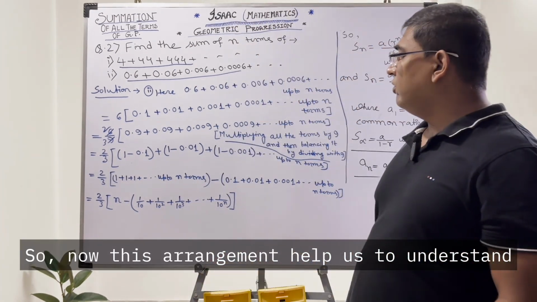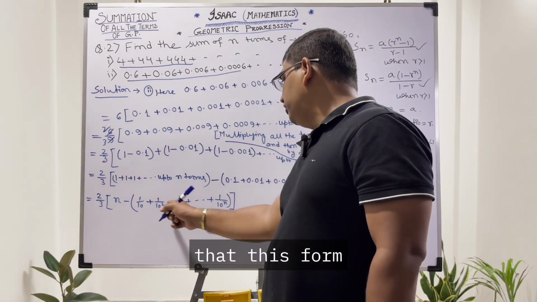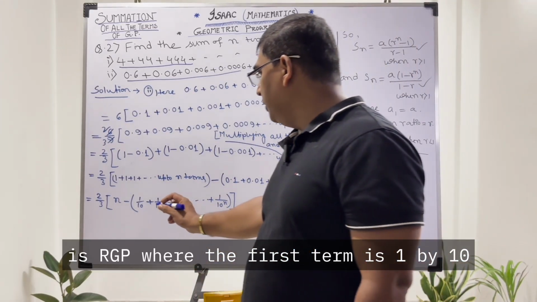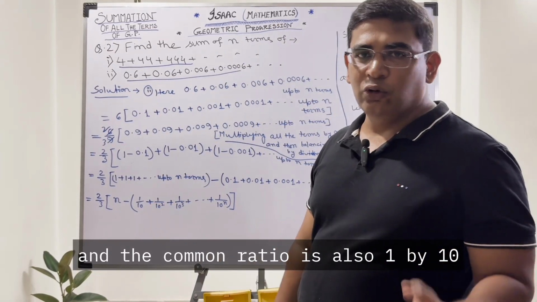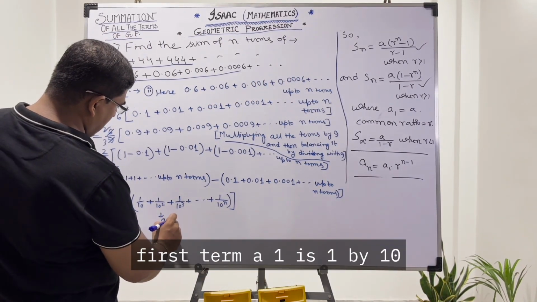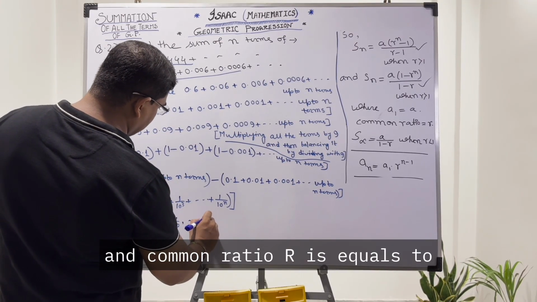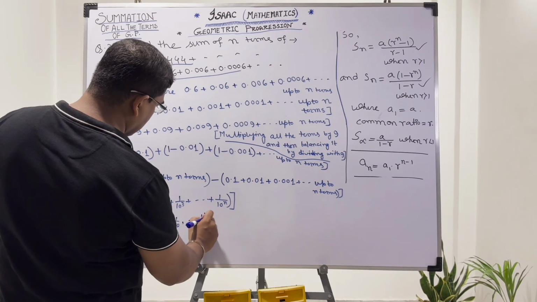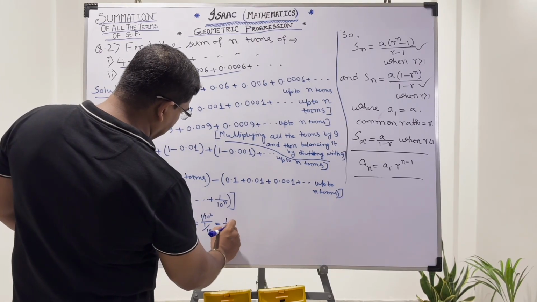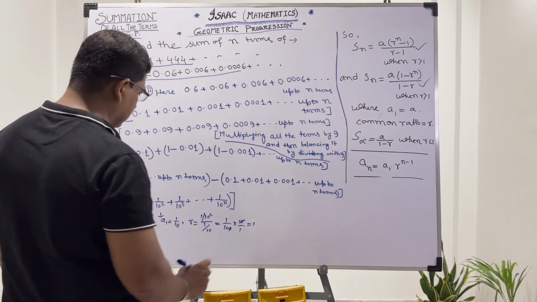So now this arrangement helps us to understand that this form is a GP, where the first term is 1 by 10 and the common ratio is also 1 by 10. So for this, first term A1 is 1 by 10 and common ratio r is equal to 1 by 10 square divided by 1 by 10, that is 1 by 100 into 10 by 1, which is 1 by 10.